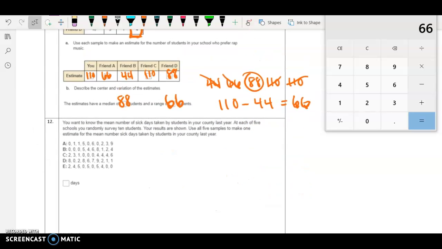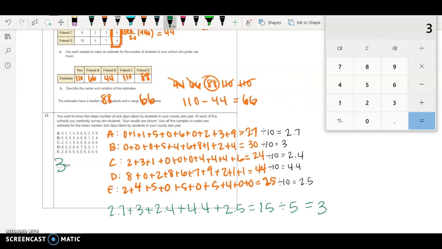All right, so now we want to find the mean number of sick days that students take during the school year. And so first, I'm going to find the mean of each individual set. So give me 1 second. So you can see that I added up all of my sections A, B, C, D, and E, and I got 27, 30, 24, 44, and 25.